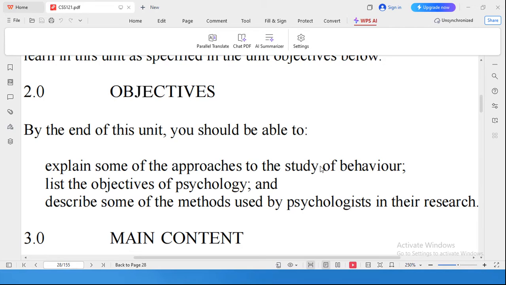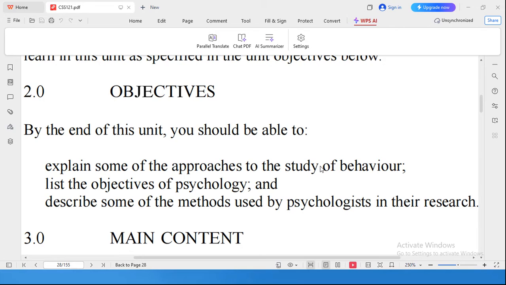Have you noticed how some people suddenly change behavior after taking certain herbal mixtures or drugs like tramadol? That is biology influencing behavior.